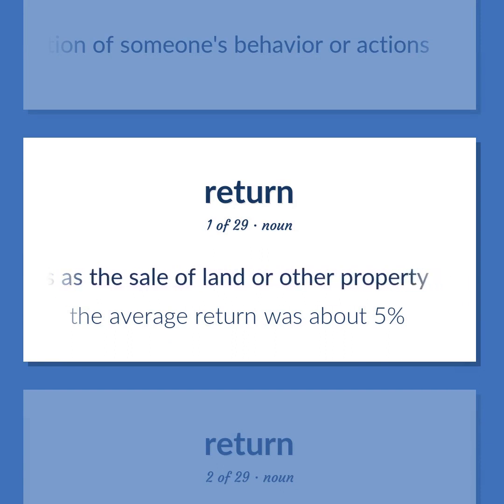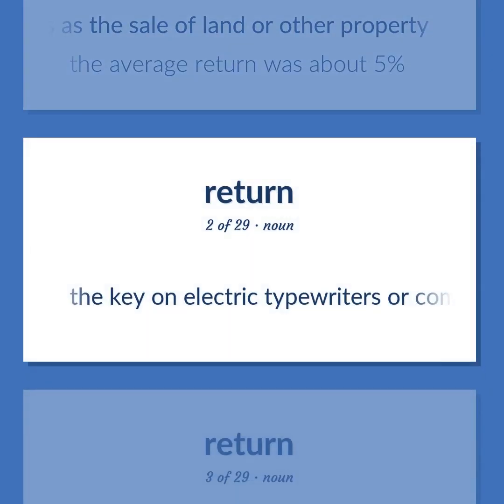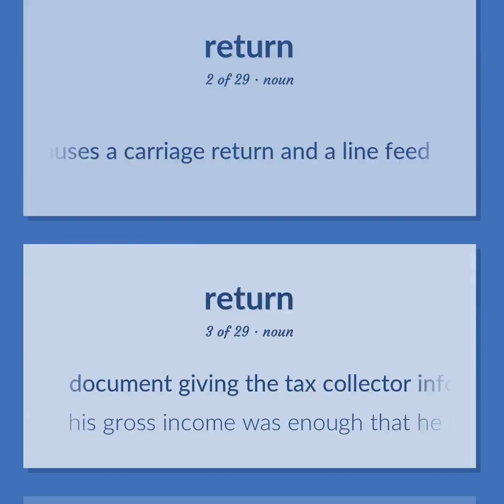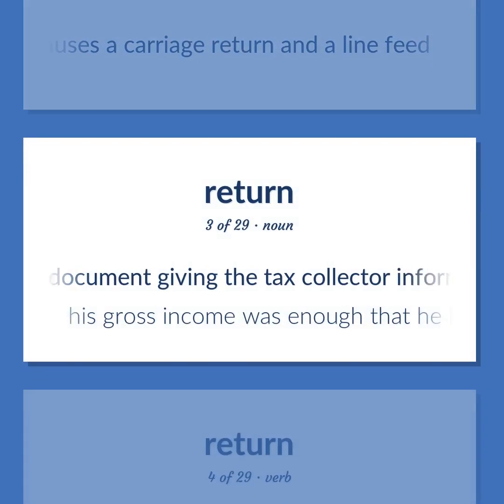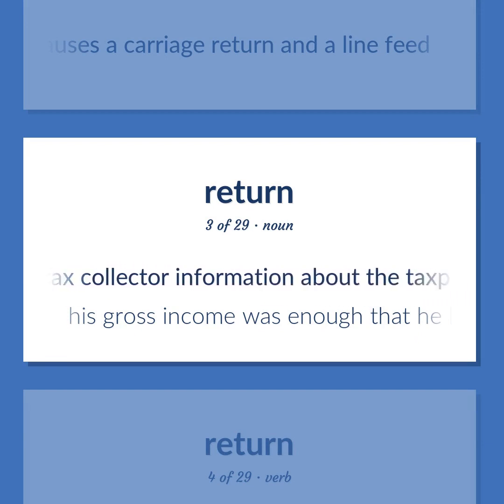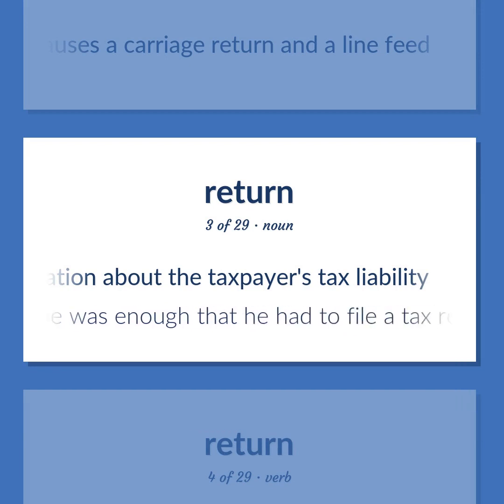The average return was about 5%. The key on electric typewriters or computer keyboards that causes a carriage return and a line feed. Document giving the tax collector information about the taxpayer's tax liability. His gross income was enough that he had to file a tax return.